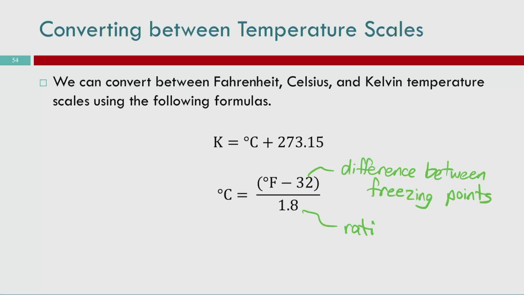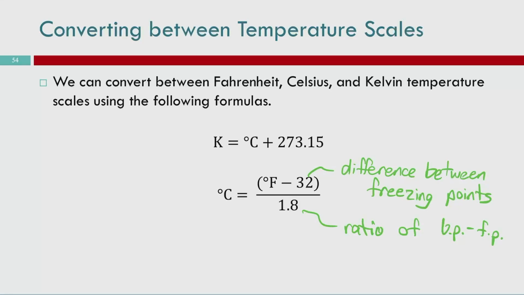1.8 is the ratio of boiling point minus freezing point for the two scales. So the difference between freezing and boiling in Fahrenheit is 180, and the difference between freezing and boiling in Celsius is 100. So 180 divided by 100, 1.8.